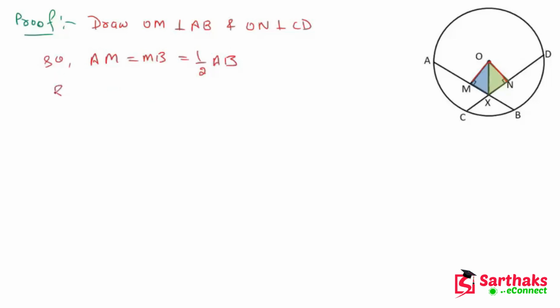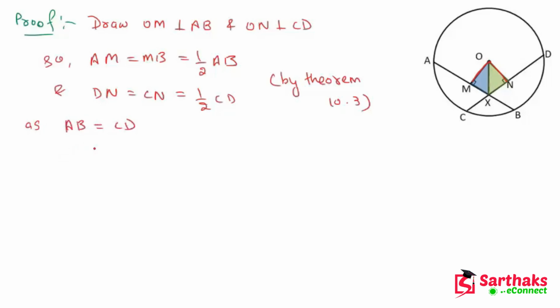And DN is equal to CN, which is equal to half of CD. This is by Theorem 10.3: a perpendicular drawn from the center of a circle to a chord bisects the chord, meaning OM bisects AB. Now as AB is equal to CD, half of AB is equal to half of CD.